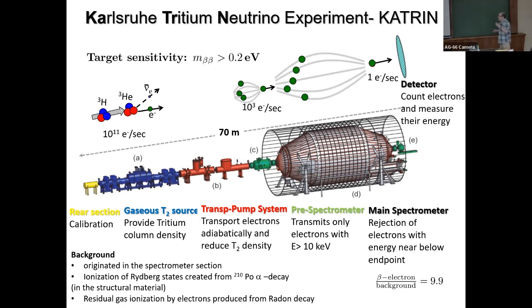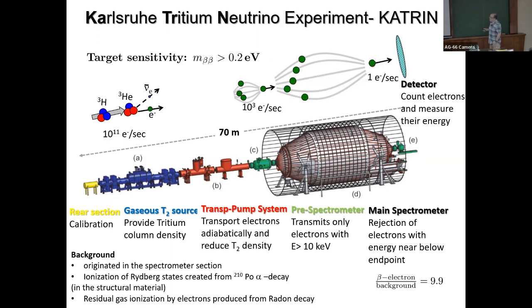So basically, we have tritium here. At the starting point, you have 10 to the 11 electrons per second, and after passing through all these stages, you are going to have finally 1 electron per second.